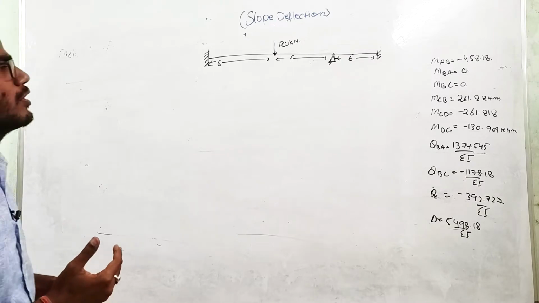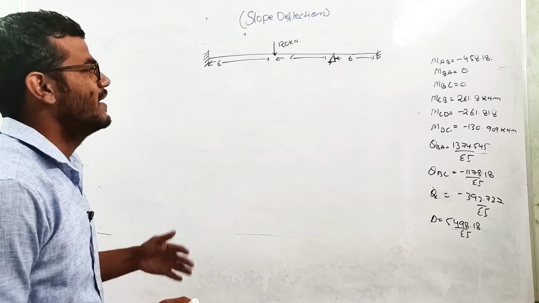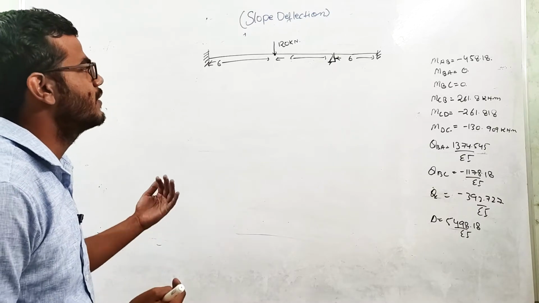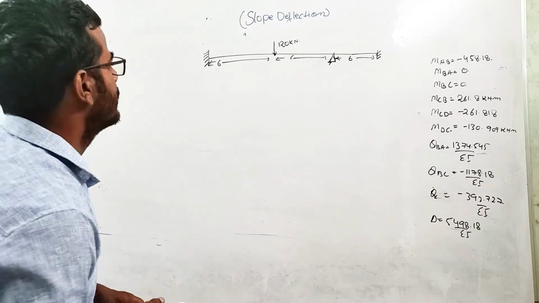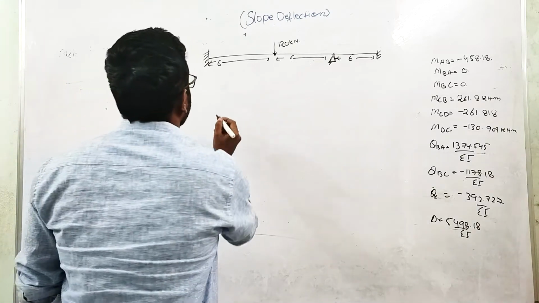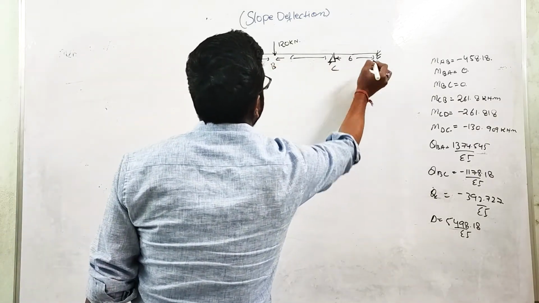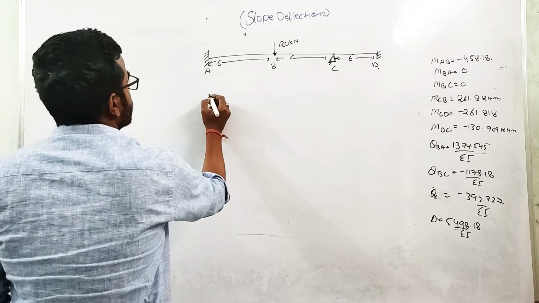Why do we need to draw the free body diagram? Because we need to find the shear forces and bending moments. We need to see how the forces are distributed along this beam. So this is A, this is B, this is C, and this is D, right?